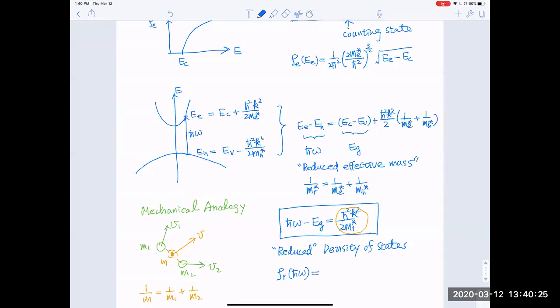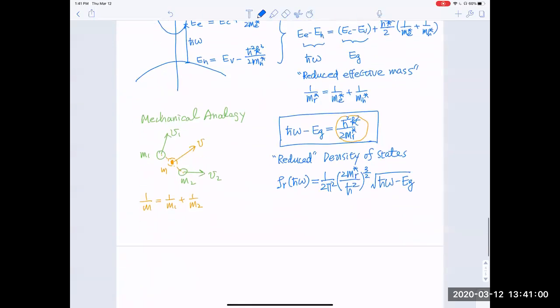The constant will be the same because we go through exactly the same counting in the hemispherical shell. The only difference is that mass will be replaced by 2 m_r star over h bar squared, to the power 3/2, and the square root is the left-hand side of the equation. The left-hand side is h bar omega minus Eg. So this is the joint density, the reduced density.